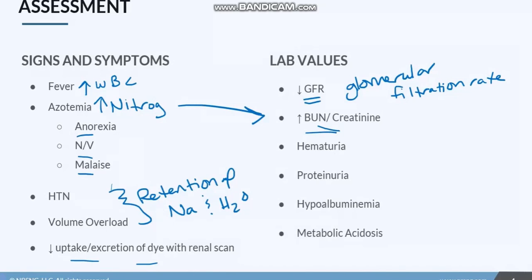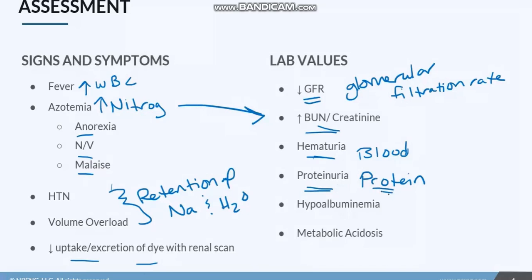Now, we'll also possibly see hematuria, which is blood in the urine. We can see proteinuria, which is protein in the urine. Remember, in the nephrotic syndrome lesson, we talked about how glomerulonephritis can actually lead to nephrotic syndrome, where they start dumping protein into the urine.